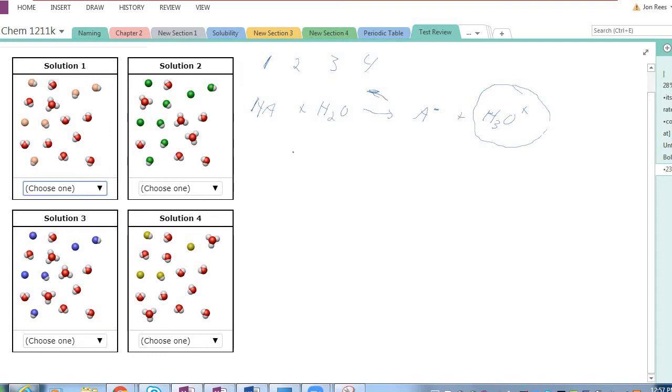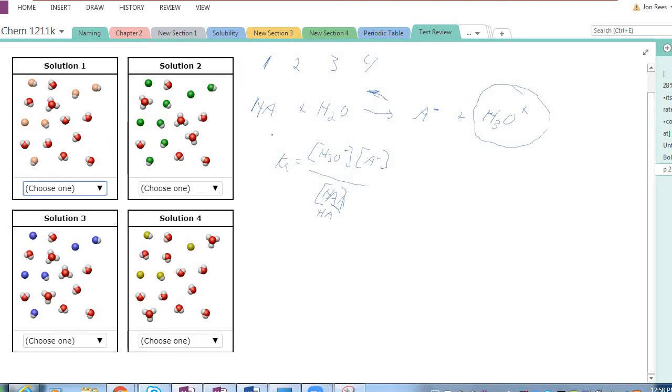One way we can estimate this is by writing a Ka. Ka is going to equal the concentration of H3O plus times the concentration of A minus divided by the concentration of HA. So that's HA down there.